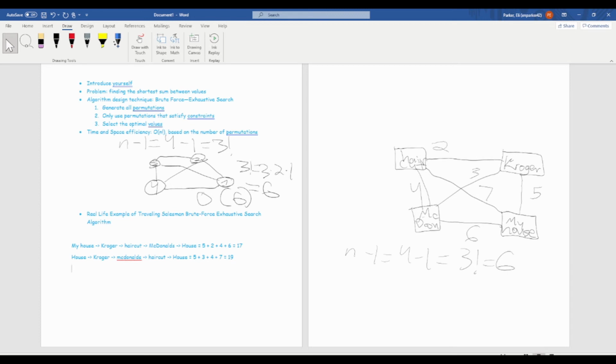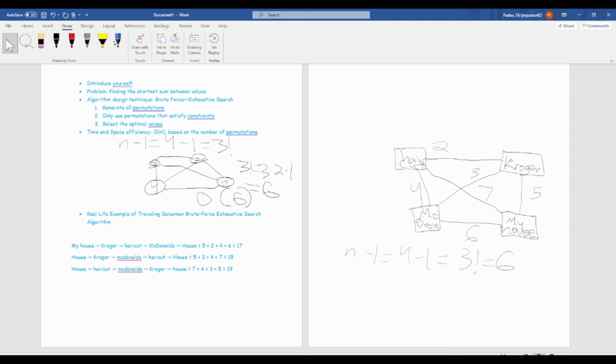Then we'll go to haircut first, then McDonald's, then Kroger, and back to my house. That's 7 plus 4 plus 3 plus 5, which equals 19.